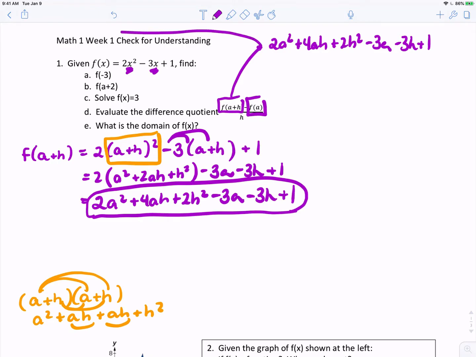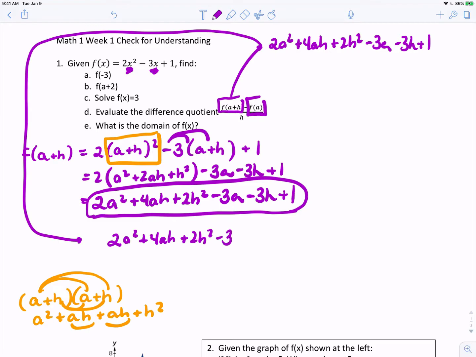All right, so the only reason we're doing this is so we have a little extra space. So again, f of a plus h was 2a squared plus 4ah plus 2h squared minus 3a minus 3h plus 1. We want to now subtract f of a. So we have 2a squared minus 3a plus 1.